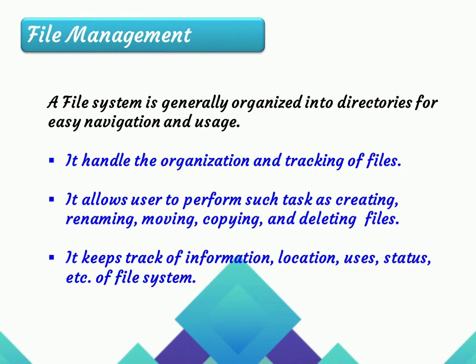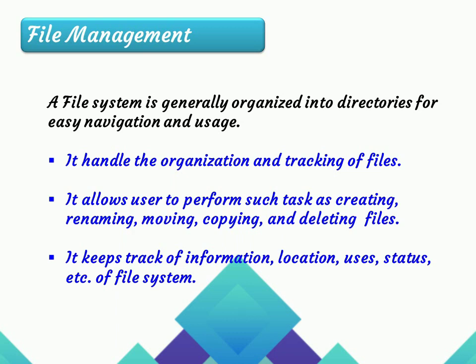So next we'll move on to file management. A file system is normally organized into directories for easy navigation and usage. These directories may contain files and other directories. There are some activities involved in file management. Number one, it handles the organization and tracking of files.